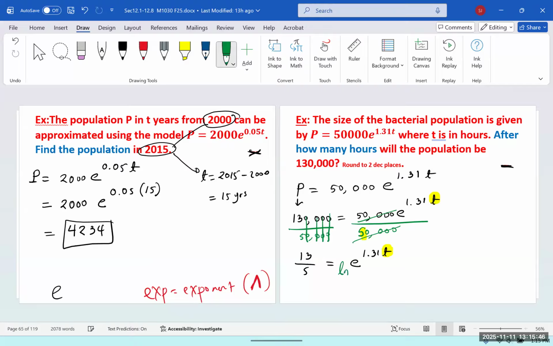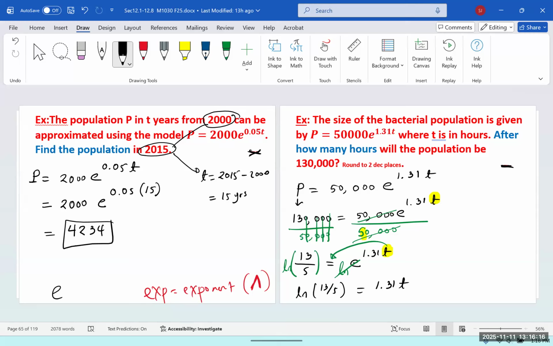In order to bring this t down, remember a few minutes ago I said you call Ellen. I need to bring that down from the ceiling to the ground. So ln comes on both sides, and e fights with ln, they both die. We get ln 13/5 equals what?